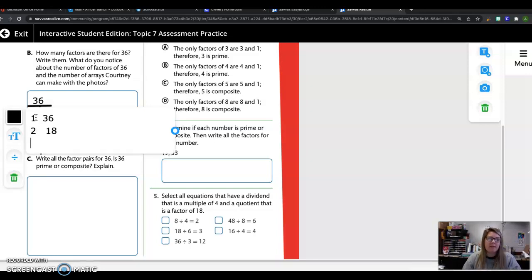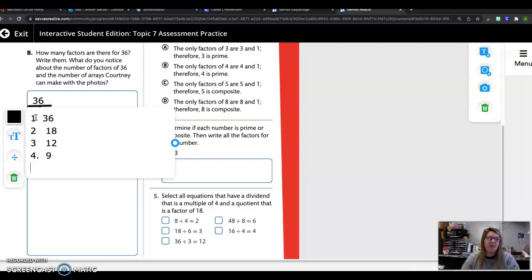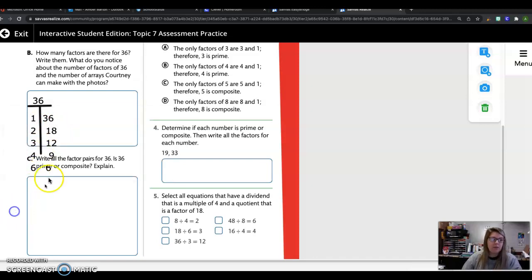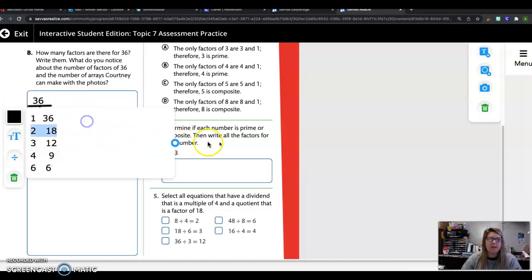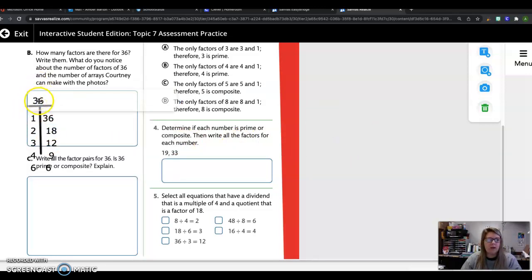What's the next factor pair? 3 and 12. What's another factor pair? 4 and 9. What's another factor pair? 6 and 6. Okay, so these are all of the factors of 36, right? I wish I could organize this better, but we're doing the best we can here. All right, so here are our factors.